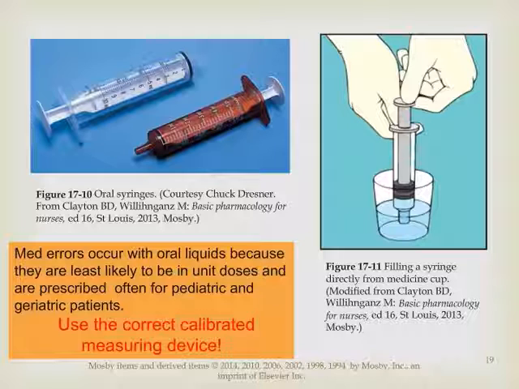Now there are oral medications that come in little plastic cups with a foil lid on the top of it that's already pre-measured for you, but that's not always the ordered dose. So you may have to recalculate the dose and only take a portion out of a unit dosed liquid medication.